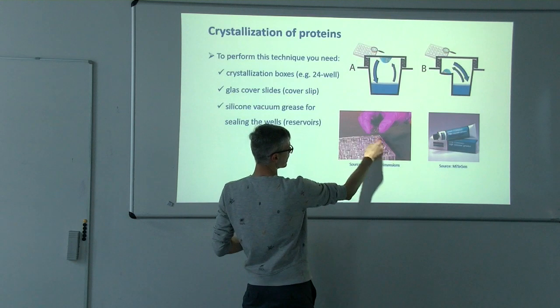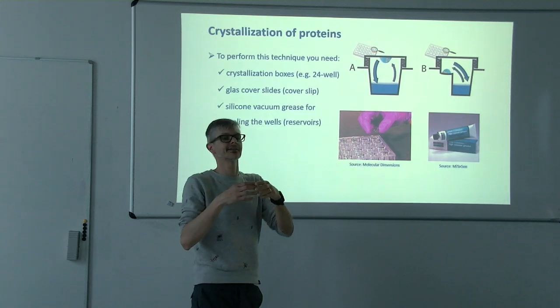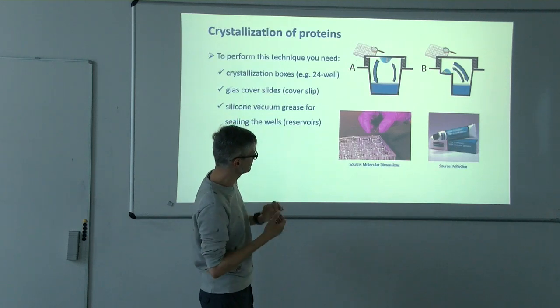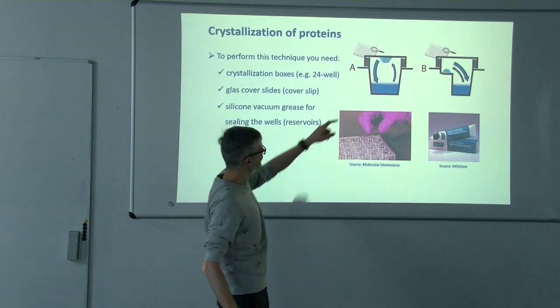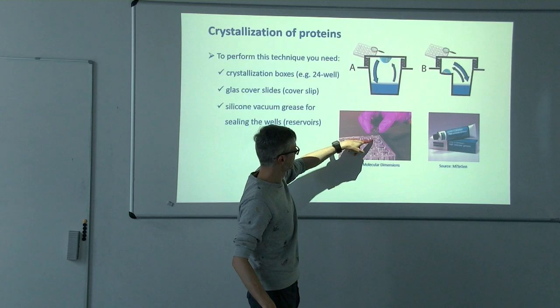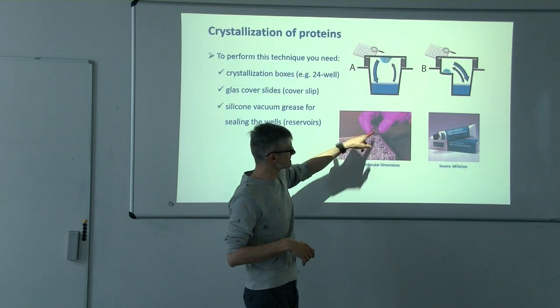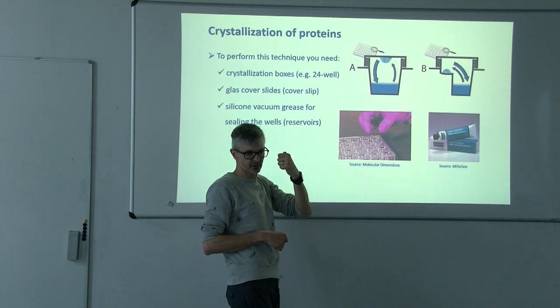So you have here these crystal boxes. You have like these 96 well plates, but you also have 24 well plates. I think this is a 24 well plate then. What you do is you add a solution into that here. Your stock solution. And then here what you do is you add a drop of your protein that is purified in your buffer and your precipitants.